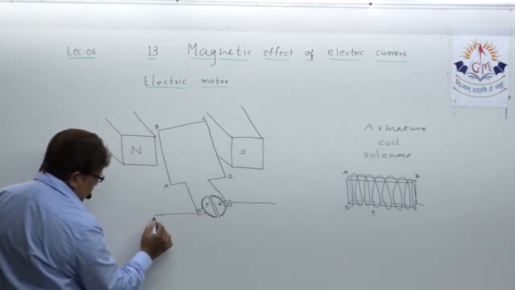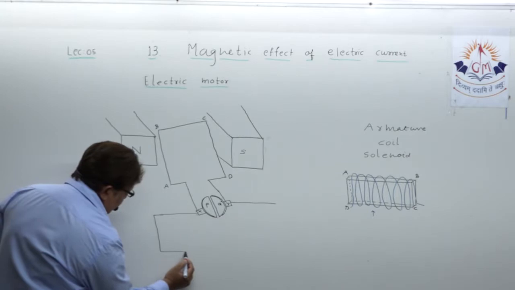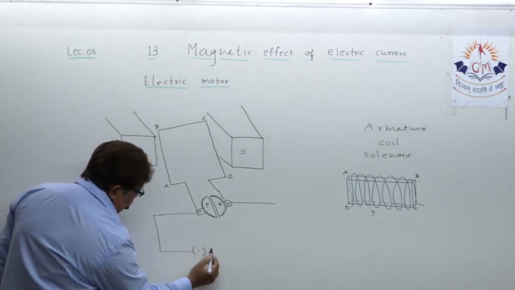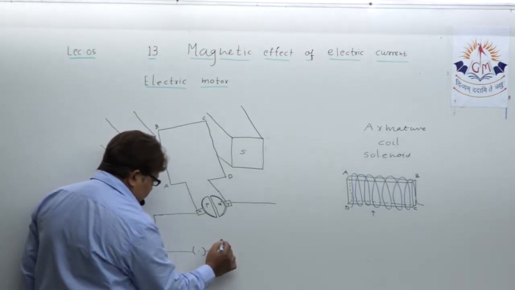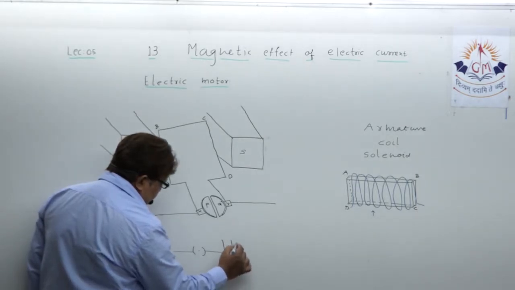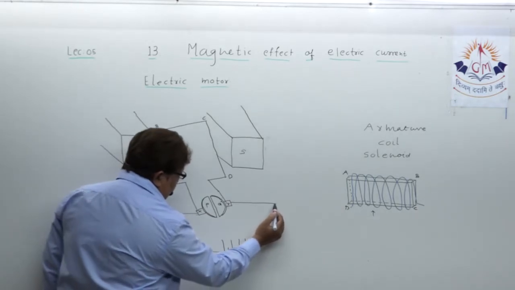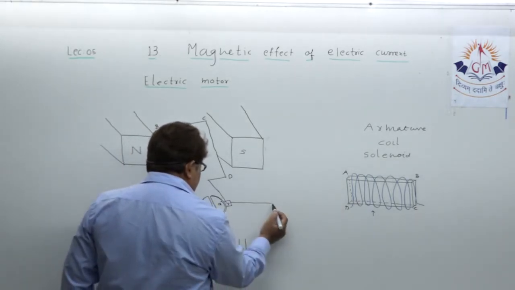Okay, suppose this way. Suppose this is key. Okay, suppose this is, I will not say it battery. This is external source of electric supply. Okay, right?